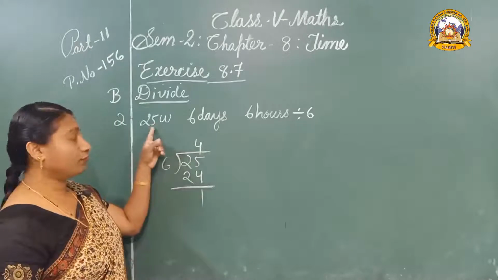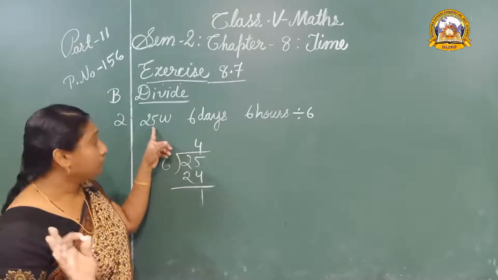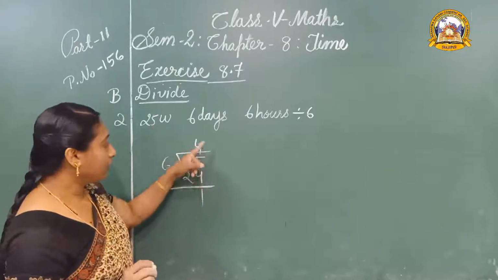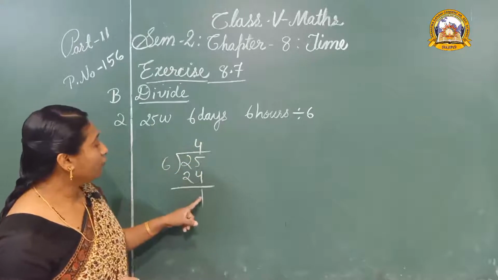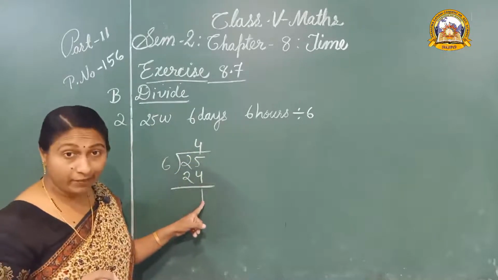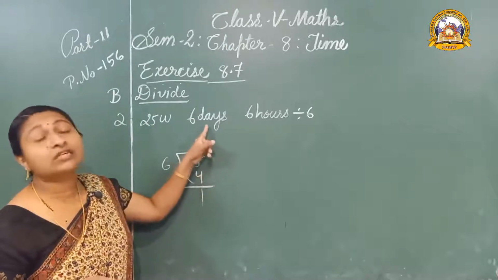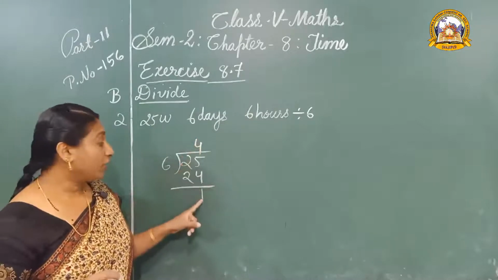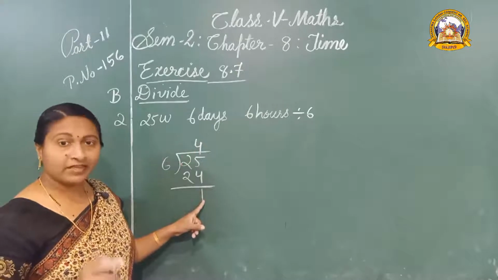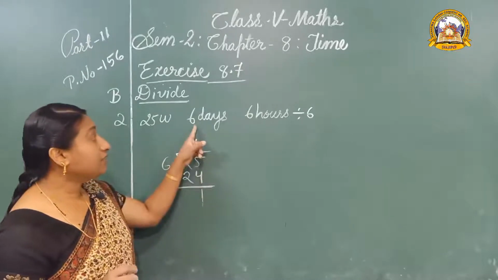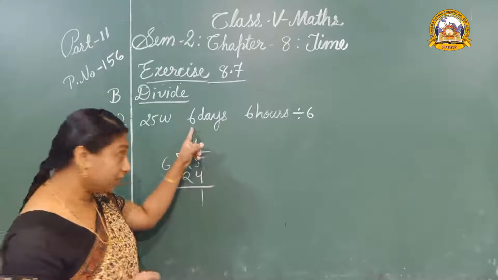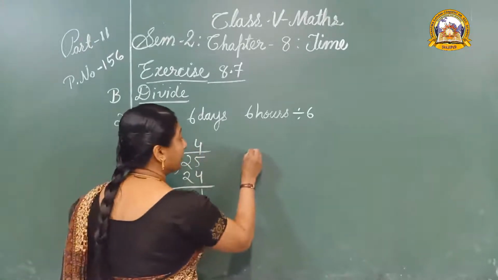Means 4 will be the quotient in weeks. Okay. Here next 1 week is remained there. Okay. This 1 week will go to the days column. 1 week means 7 days. 7 days plus 6 days. 13 days.